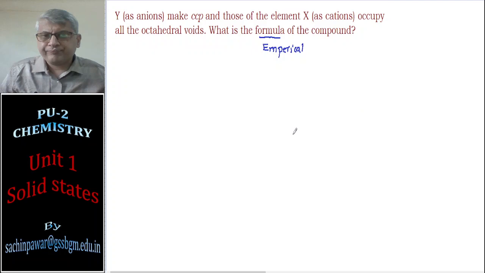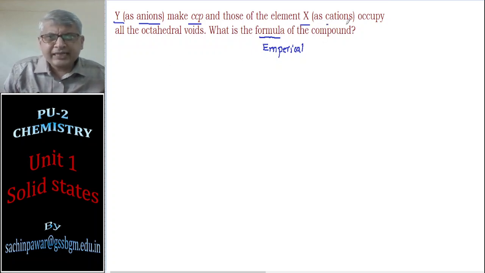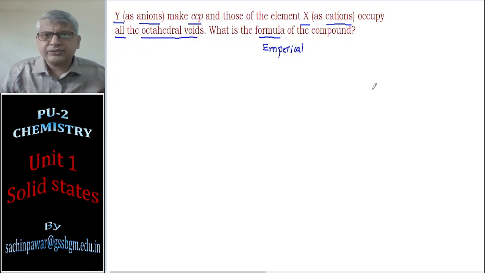Okay, so first, what they have given: Y is an anion forming CCP, and X is a cation which is occupying all the octahedral voids. They want the formula of the compound. What is given I will write down.